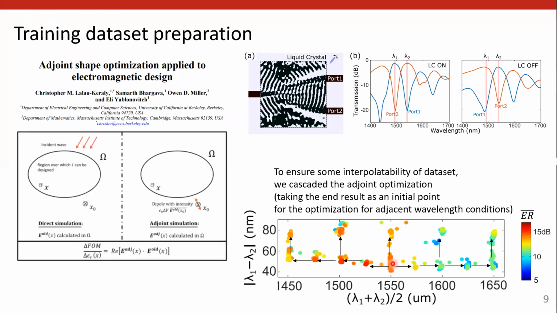Then we take the end result from this point and use it as the initial condition for the optimization of nearby adjacent wavelength conditions. And we cascade it so that it ensures continuity among these data sets, so that the network can do some meaningful interpolation work.